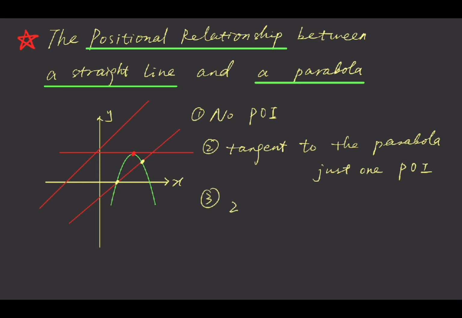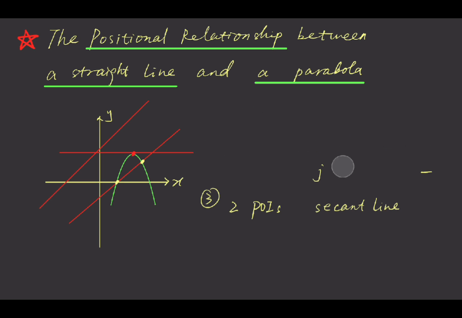That is to say, 2 POIs. We say the straight line is the secant line of this parabola. This is the interpretation or demonstration of the positional relationship between a straight line and a parabola.